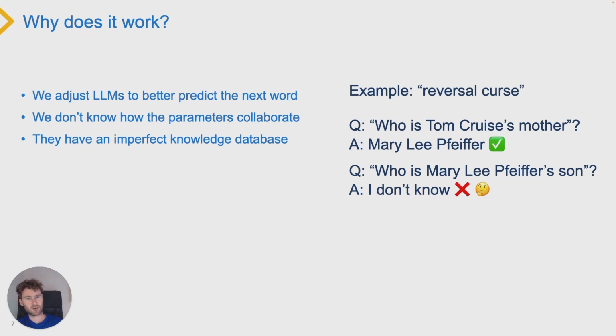But if you ask the inverse of that question, which to a human, if you know one, you surely know the other, the LLM in this case doesn't know the answer. That's because the LLM doesn't have a database of everything that's on the internet. It's just storing that compression. So it's got a fuzzy understanding of all the facts that it's been trained on. It doesn't actually know the facts and is not able to refer to them.